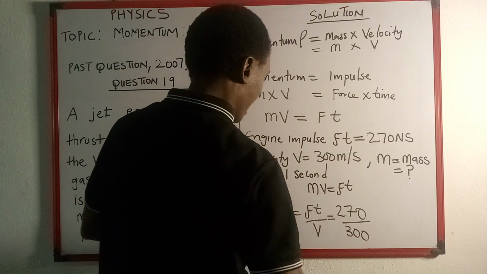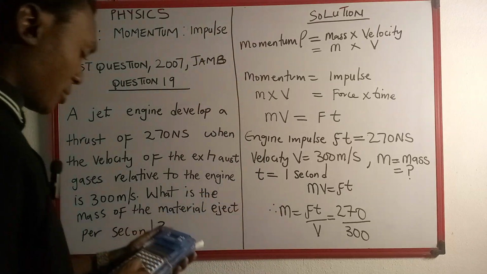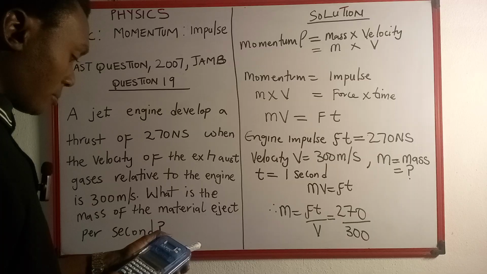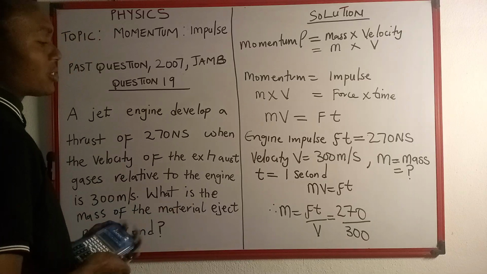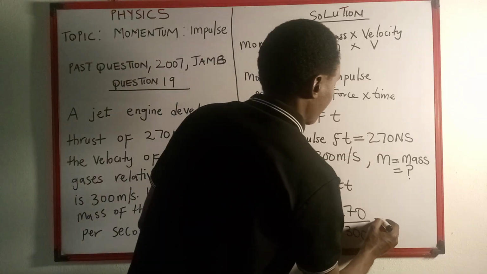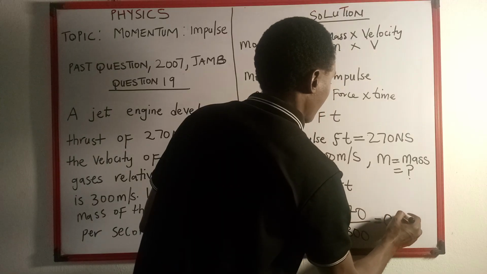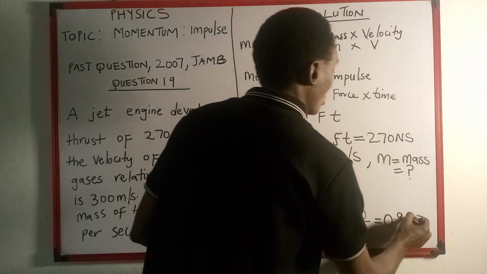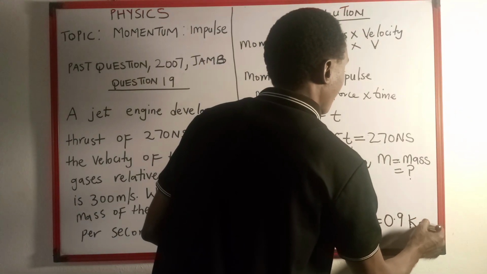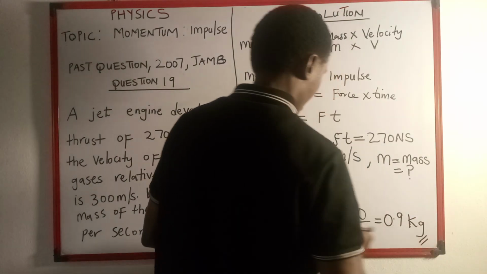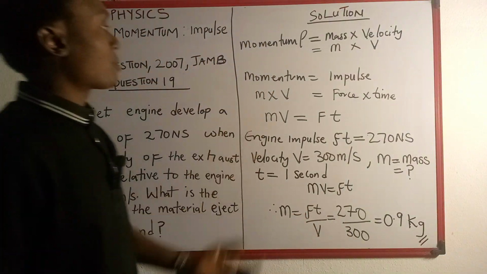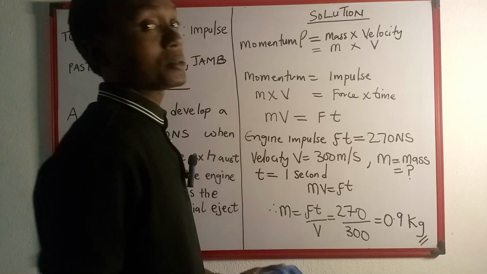Okay, so when you divide 270 divided by 300, we're going to have 0.9. And what is the SI unit of mass? Kilogram. And this is our final answer for this particular type of question.